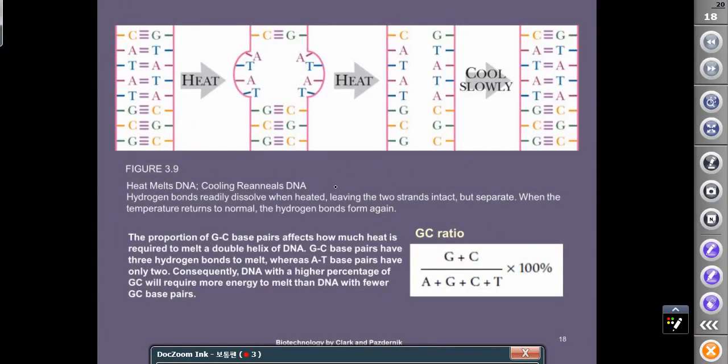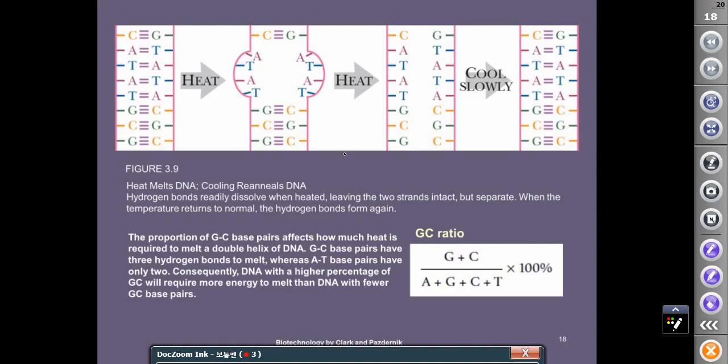Heating in biology, melting in biology. Melting, what do you mean by melting? Melting is from what? Solid to liquid in general common sense.